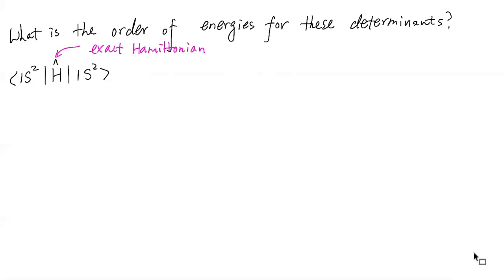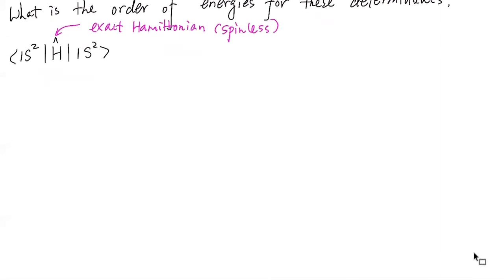Usually, for light atoms, those terms can be ignored. So in H, you do not have an explicit term that depends on spin. So we call this a spinless Hamiltonian. Okay, so this is enough for our purpose in this lecture.